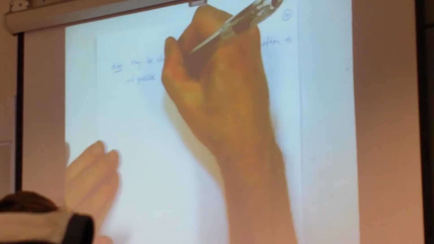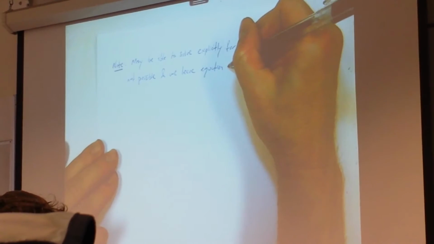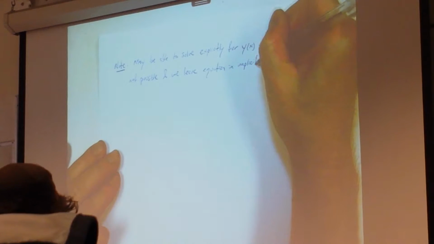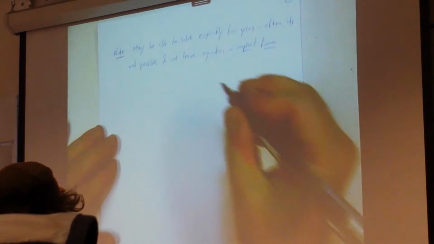But often it's not possible. Well, not as an integral. Maybe you can integrate that side, but then I don't have something that I can solve for. We'll look at an example real quick. Often it's impossible. And when you leave it and it's not solved for y, we leave it in what we call implicit form. Okay. All right, so an example of that.